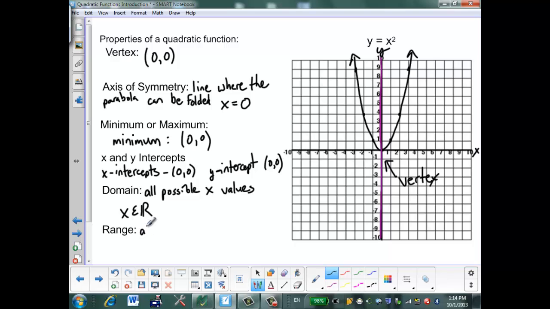The range is all possible y values. And the range in this example, because my graph on the y-axis goes down to 0 and then goes back up and never goes below 0, all of my y values must be greater than or equal to 0.